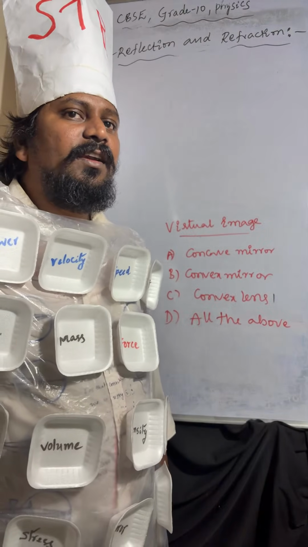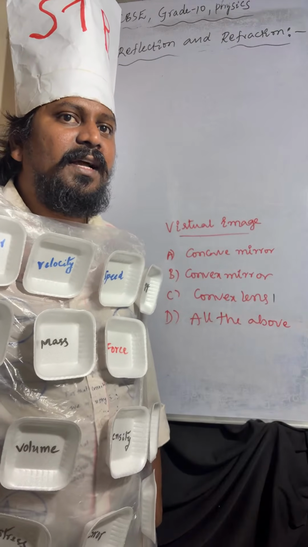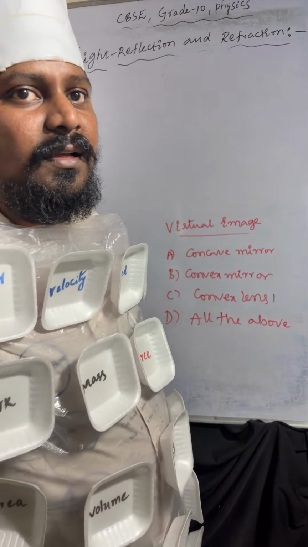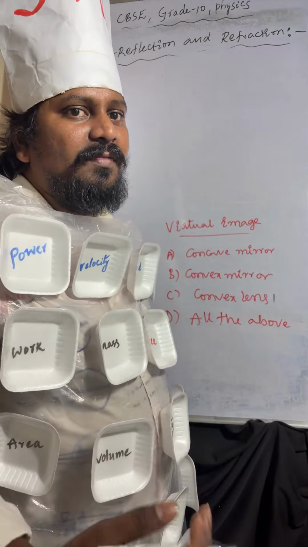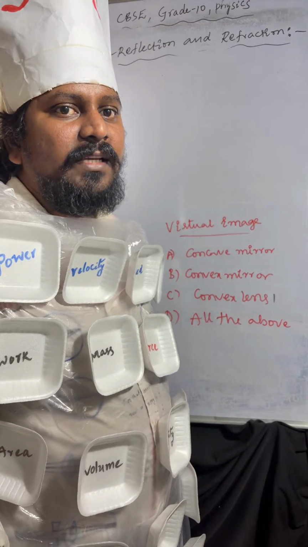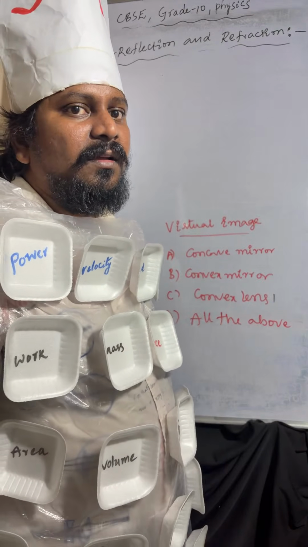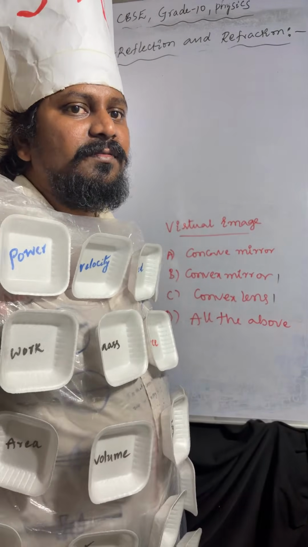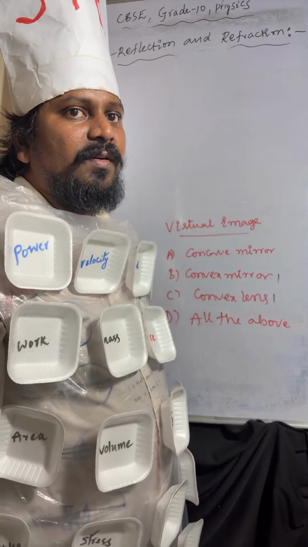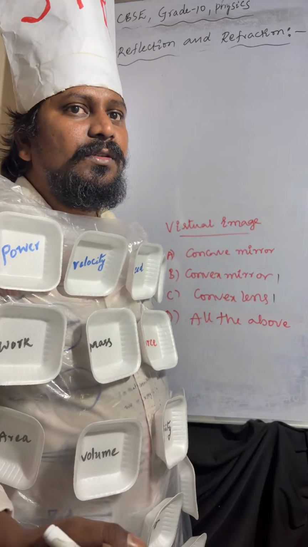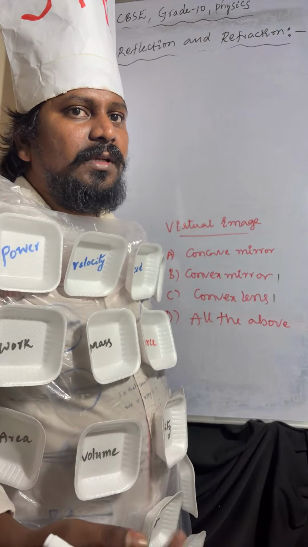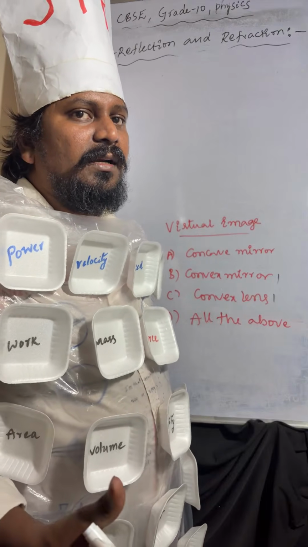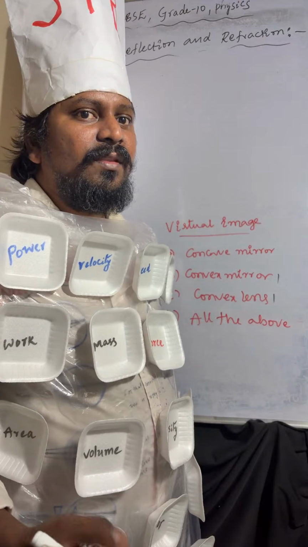Where did you get the virtual image? Answer the question fast. I'll be counting after 5 counts. Convex mirror, one vote for convex mirror. Next, answer the question, make it fast. Ready? 1, 2, 3, 4, and last and final count, 5.